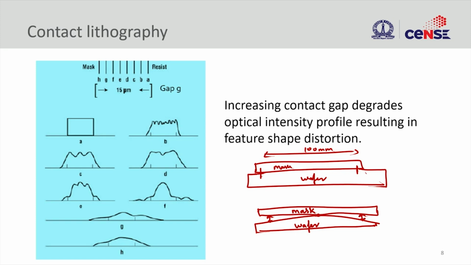So here what we are trying to see is the effect of gap on the optical intensity. If the distance between the resist and the mask is 0, that is if the mask position is at A, so there is no gap at all, then you get this ideal step-like response. This is what you are looking for. But then if you slowly increase the gap, then starts your non-ideal characteristics.